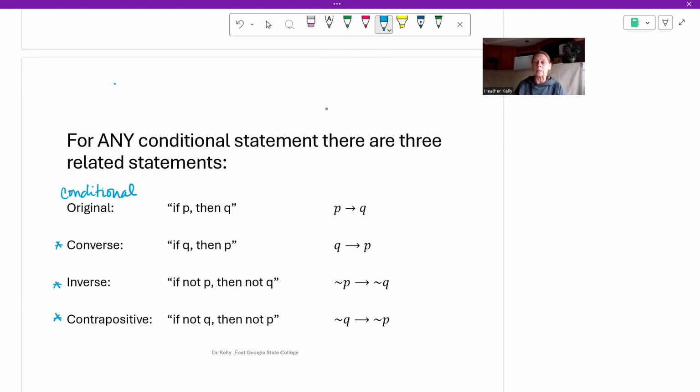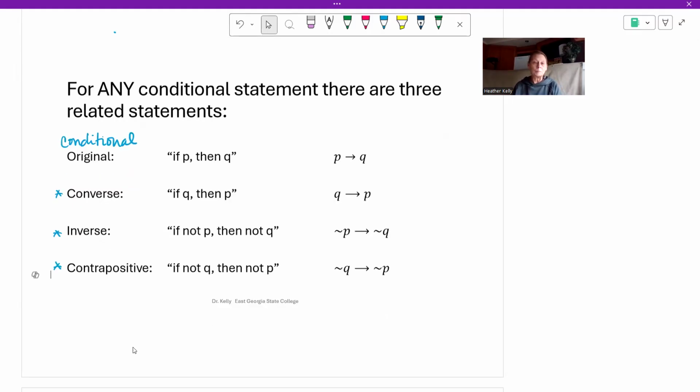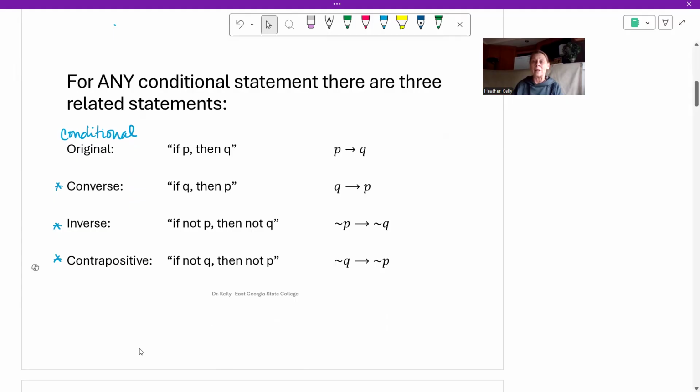The inverse is if not P, then not Q, the inverse being double negative. Not P, then not Q. Perfect. And then the contrapositive is if not Q, then not P. So that's kind of like the negated converse, the contrapositive. We've flipped it around here. Okay, this is super important.